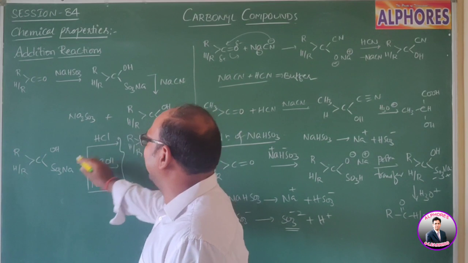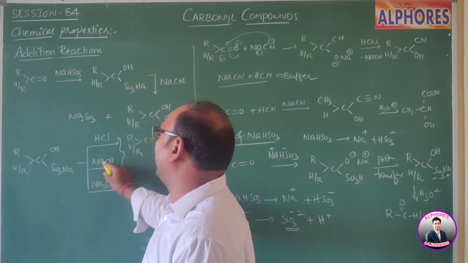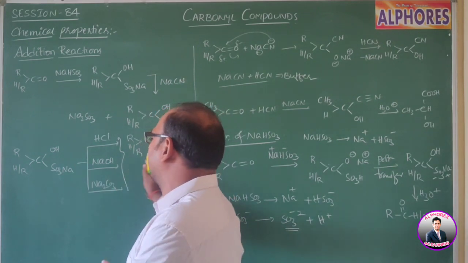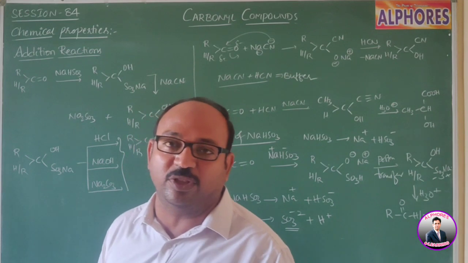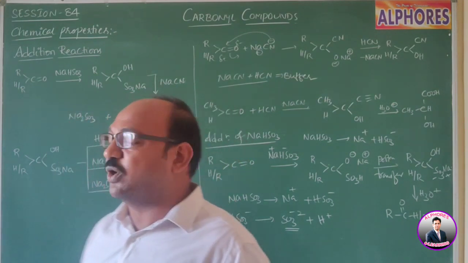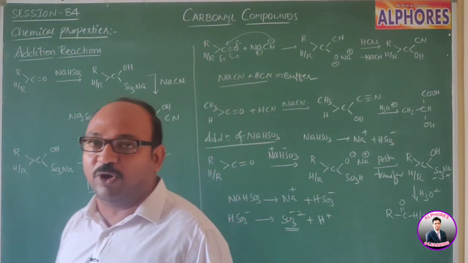When we use HCl, we get NaCl as a product. When you use NaOH, you get Na2SO3 as a product. When we use Na2CO3, you get NaHCO3 and Na2SO3 as products. So ultimately, we can get back the carbonyl compounds.